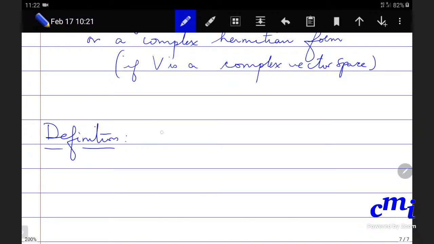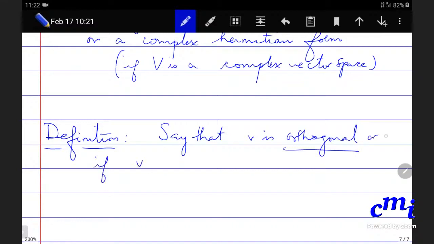Say that V is orthogonal to W. Perpendicular should probably be restricted to when we discuss usual dot products. Orthogonal if the bracket of V and W is 0. We use V perp W to denote this.